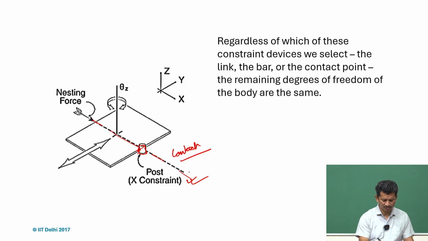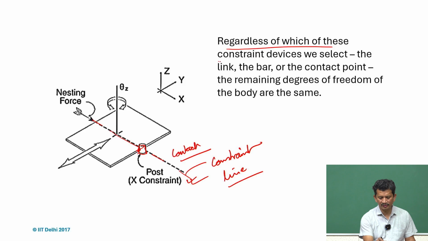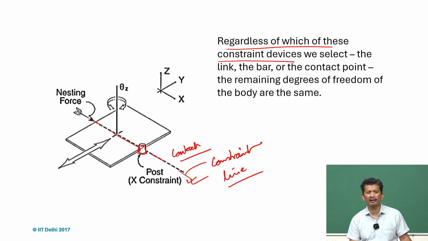So, what it says is, regardless of which of these constraint devices we select, there can be different means to achieve that contact.